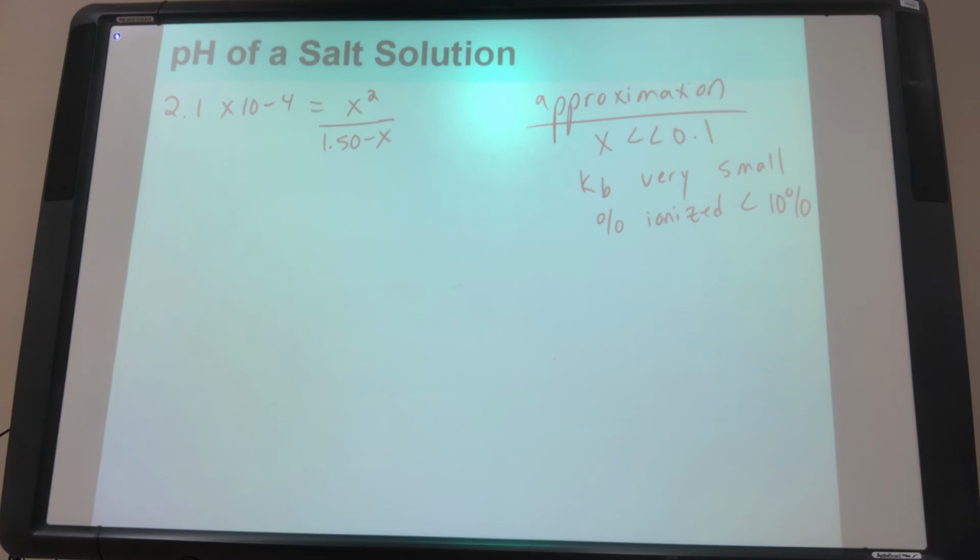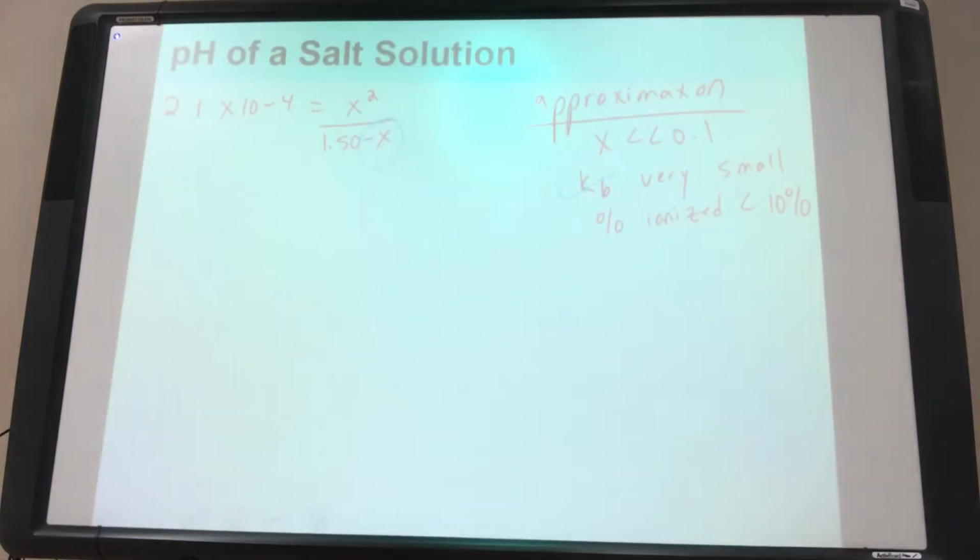Those are my rules, right? So I just keep my approximation rules because I want to be able to do my approximation. So let's look. The only one I could do ahead of time is Kb. Kb is 10 to the negative 4. Check.